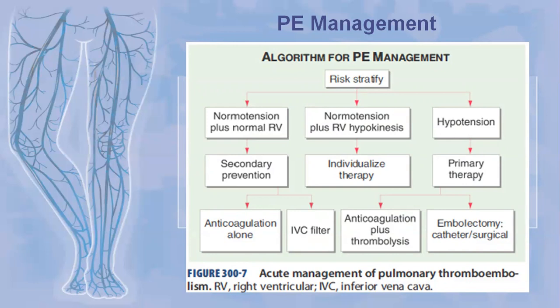You may give anticoagulation alone or place an IVC filter if necessary. For normotension plus right ventricular hypokinesis, you individualize therapy, on an individual basis. For hypotension or hemodynamic instability, you initiate primary therapy, clot dissolution. This can be done by anticoagulation plus thrombolysis or embolectomy.